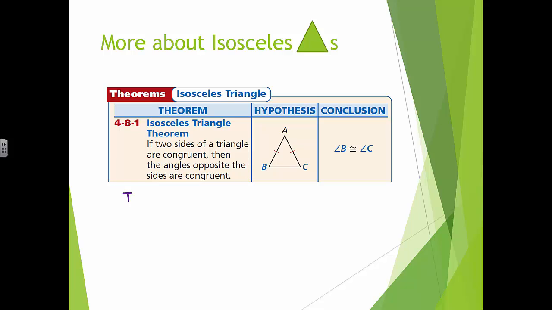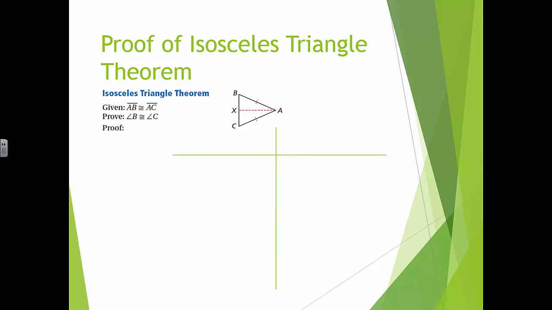In other words, if a triangle is isosceles, then you can imply that the base angles are congruent. So if triangle ABC here is isosceles, then we can conclude that angle B is congruent to angle C.